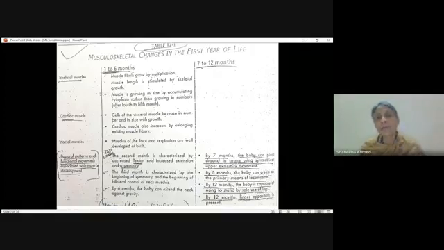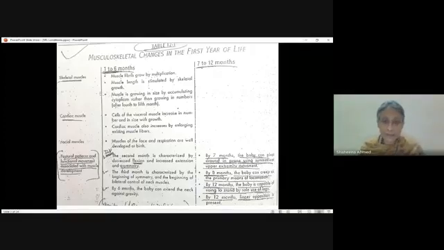And not only does the size of these muscular fibers increase, the number of these muscular fibers also increases. So you will see hyperplasia there. So with this mechanism, as the child starts to grow, the cardiac muscles also grow with the growing child to meet the demands of that child.